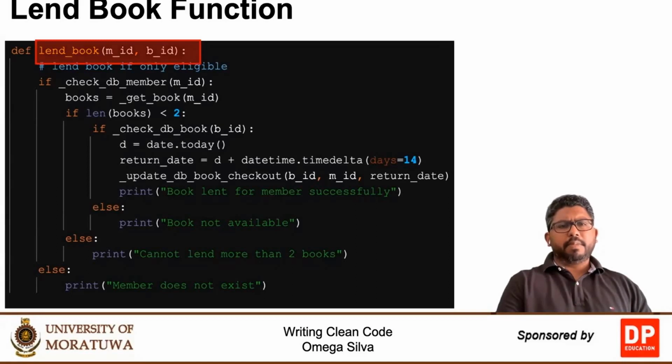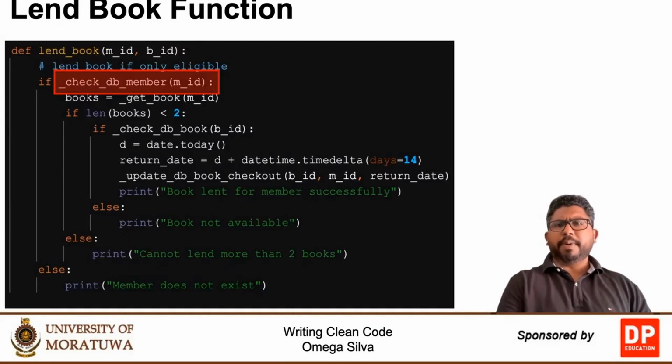The method name here is lend book, and it takes two parameters, MID and BID. We don't know what they mean, but let's follow along. The first line that we see in the method is a validation, an if condition, which calls a function check DB member, and it passes the MID.